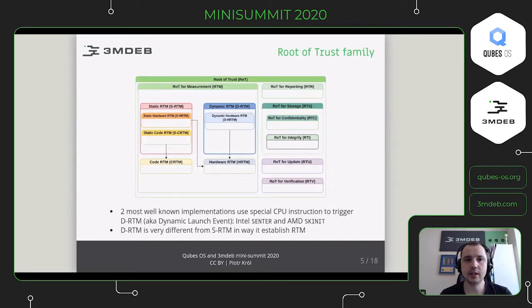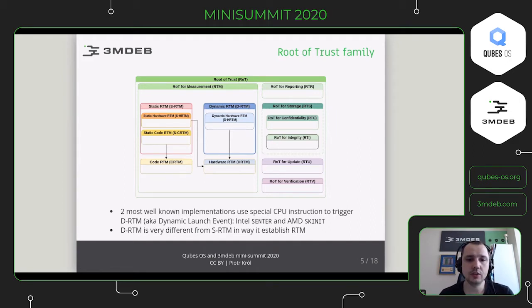Okay, so last time when I presented static root of trust for measurement, I showed exactly the same slide. The only difference is that now we're talking about dynamic root of trust for measurement. So this is this blue rectangle. It's placed in the whole family of roots of trust. It's dynamic because it does not require a platform reset, so it can be done at runtime, but there are two use cases of it that I will present: early launch and late launch.